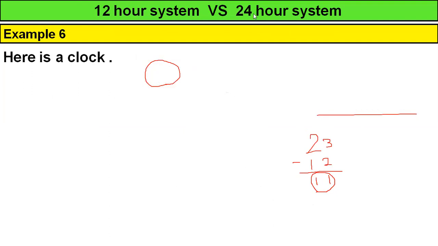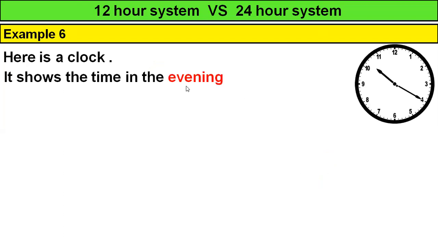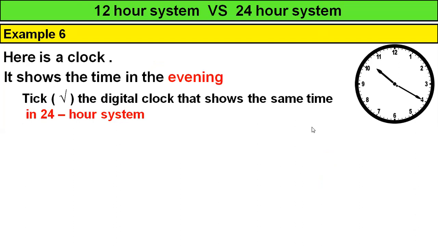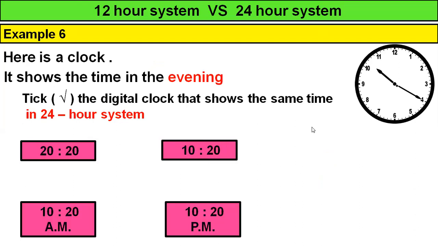Another example. Now here, this is another clock. It shows the time in the evening. Okay, it's in the evening. Take the digital clock that shows the same time in the 24-hour system.